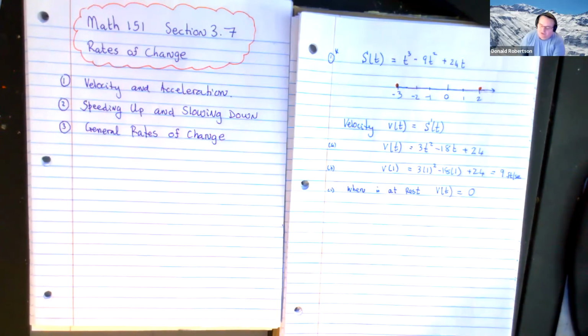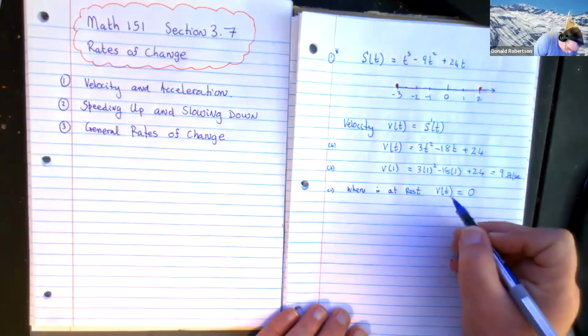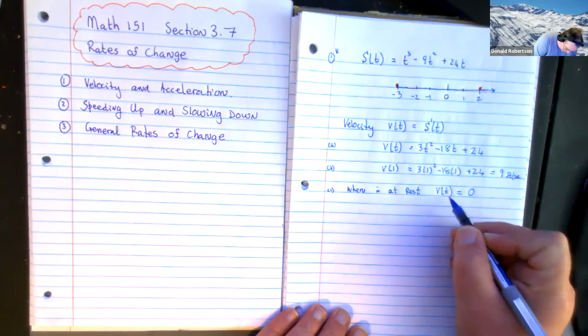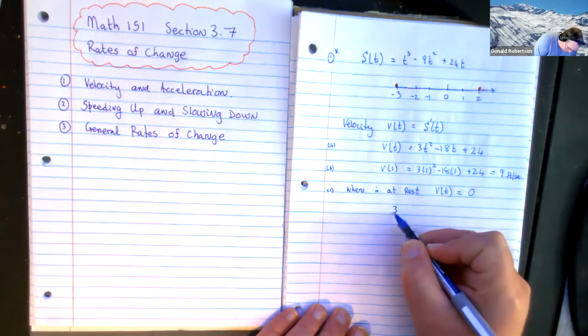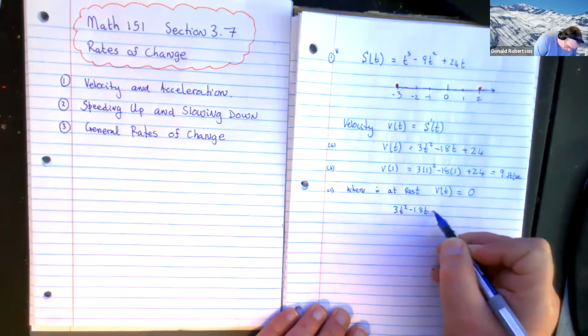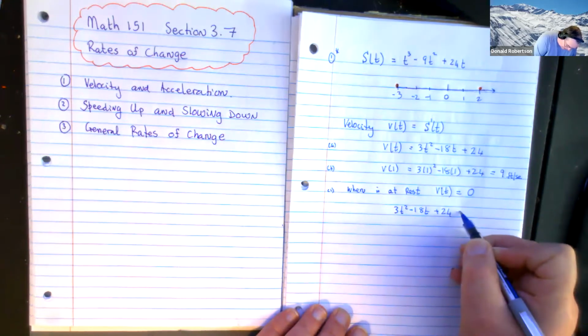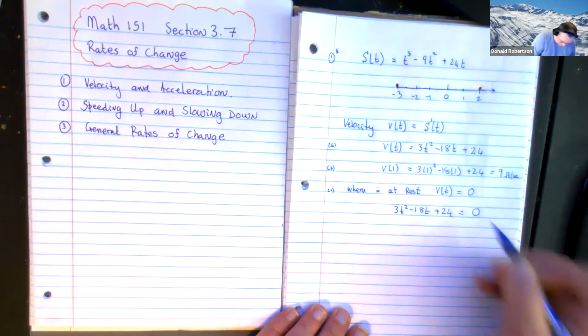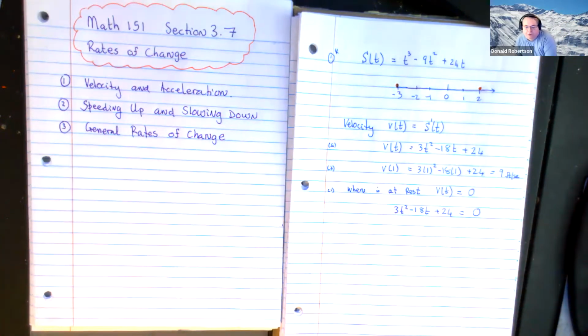Well, if you're at rest, it's just a fancy way of saying your velocity is 0, right? You're not moving. Now, to find when, you're being asked to find the t value where that happens. So in this particular one, you write down the velocity and you set it equal to 0 and you solve. So you're going to be doing a fair amount of solving quadratic and linear equations.